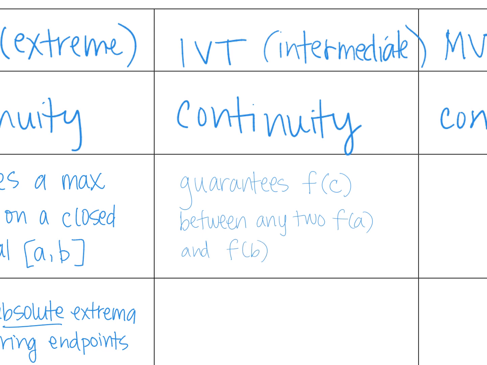It guarantees the existence of f of c in between any two other values. So if I give you 2 and 4, what are you guaranteed to have? 3. Well, what else? Anything between 2 and 4 is guaranteed if the function is continuous.